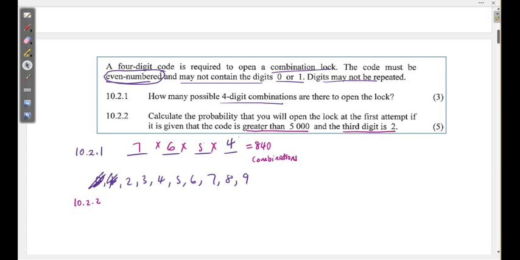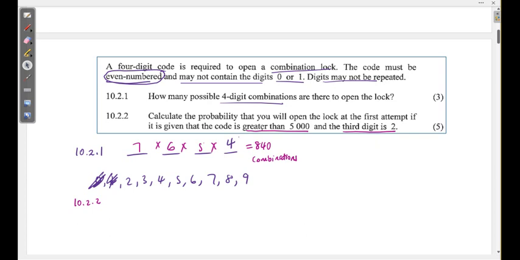So, let's see, how can we say something is greater than 5,000? How can we see that this thing is greater than 5,000? And they want the probability.